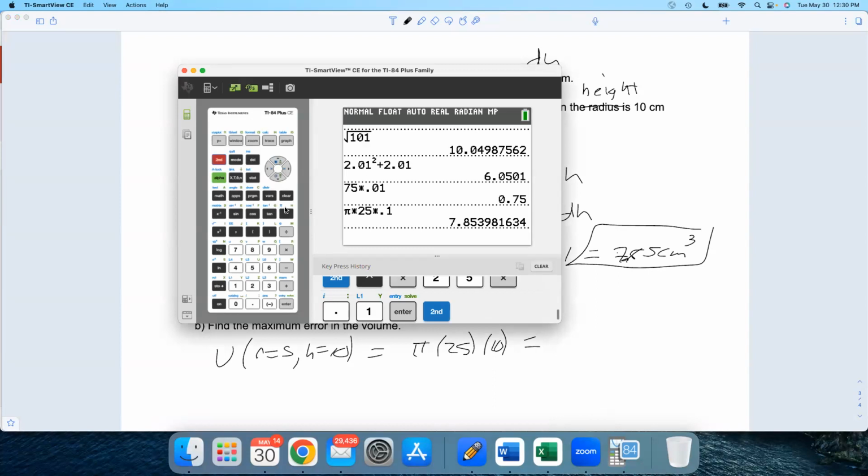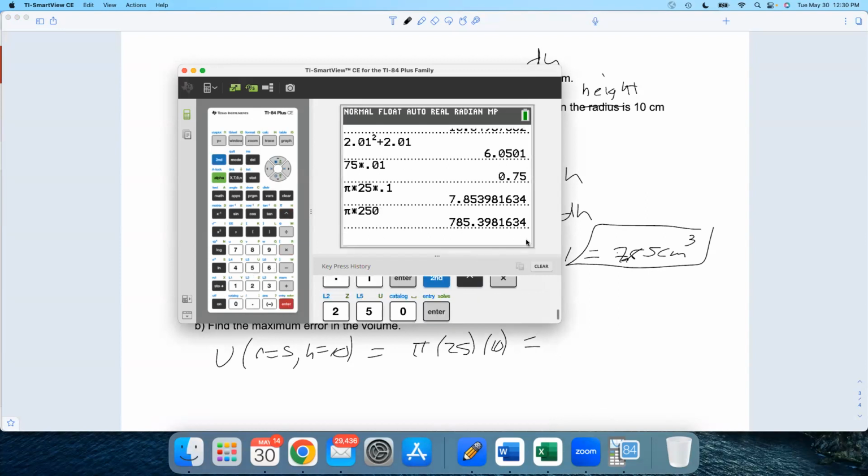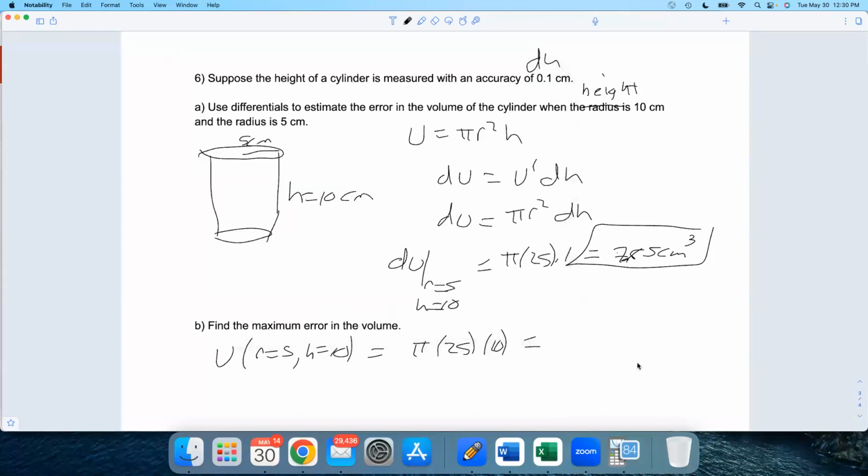So I think it's just that last one times 100. But let's write this out. Pi times 25 times 10, or 250. 785.30. Let's call that 785.4 cubic centimeters. So that's if the machine did everything perfectly.